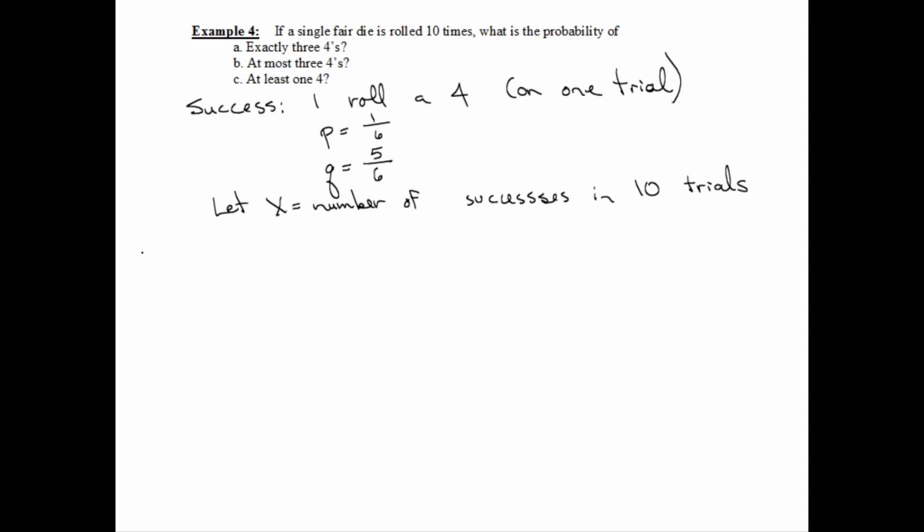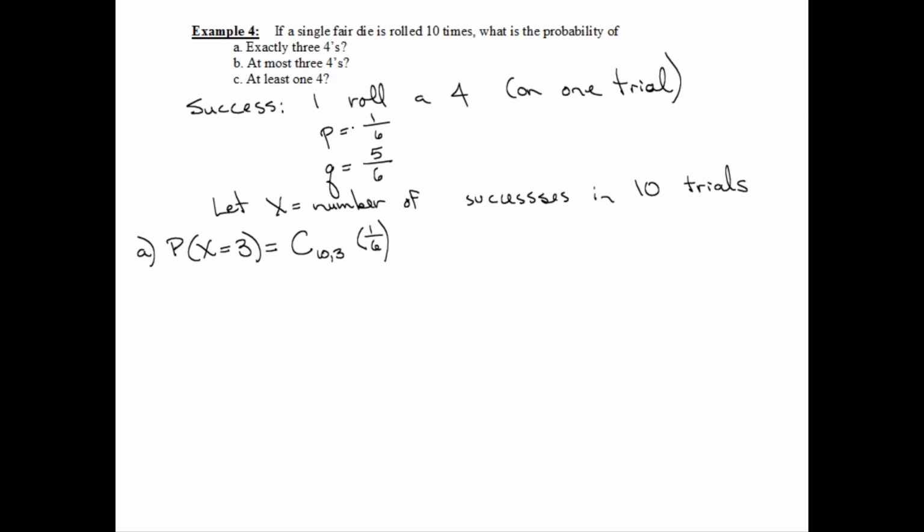So for A, we want to figure out the probability of getting exactly 3 fours, or exactly 3 successes. So I'm going to label this as the probability that X is equal to 3. Number of successes is equal to 3. So now what I do is a combination. I've got 10 trials. I'm going to choose 3 of them to be successful, so combination 10, 3. Then I'm going to take the probability of success, which will be 1/6, raise it to the number of successes.